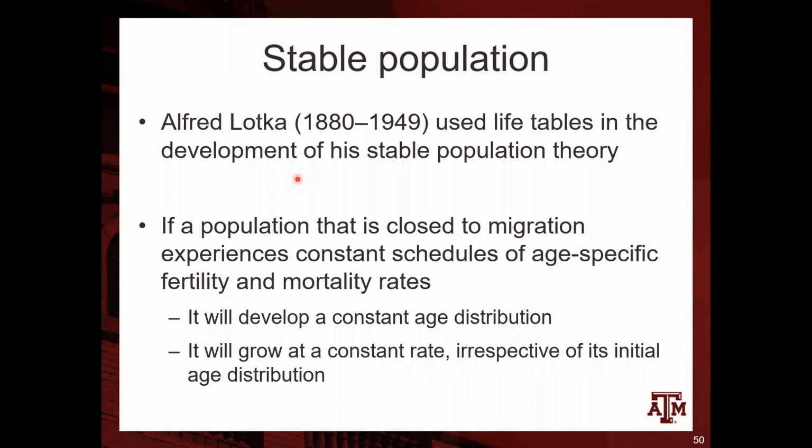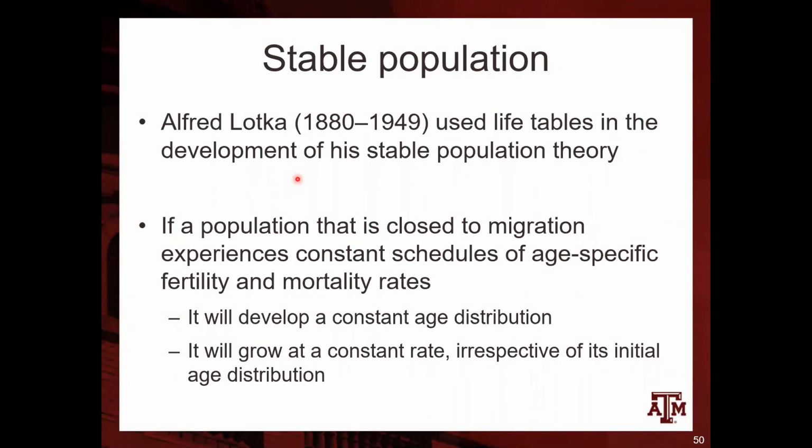And after some decades, some centuries, those levels vary, but they are really, really low, mortality and fertility levels. Let's say that a specific population keeps those really low levels of fertility and mortality, and they don't change much. They stay constant over time, the fertility and mortality levels by age group.